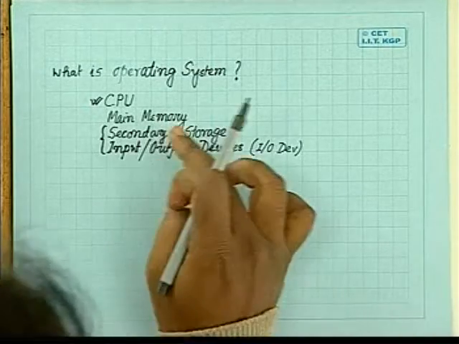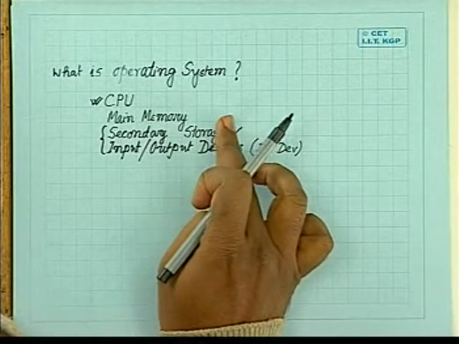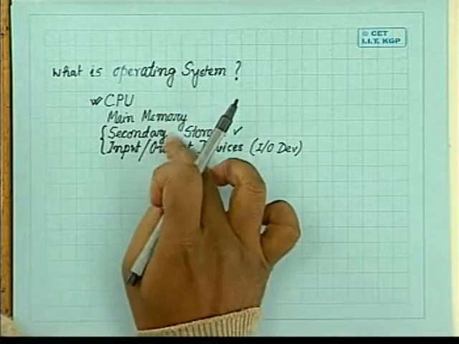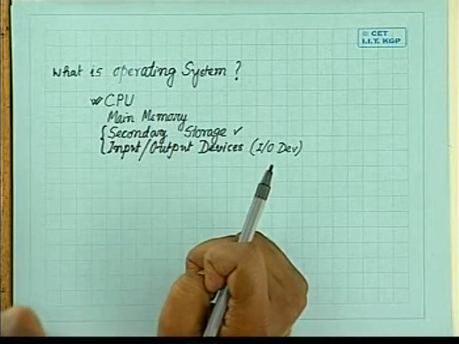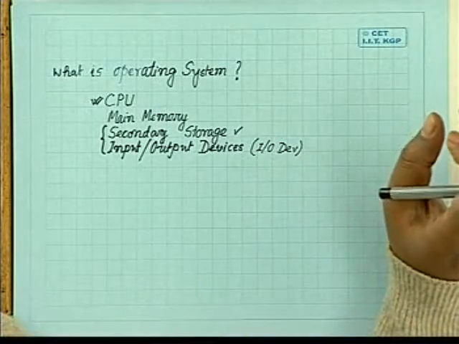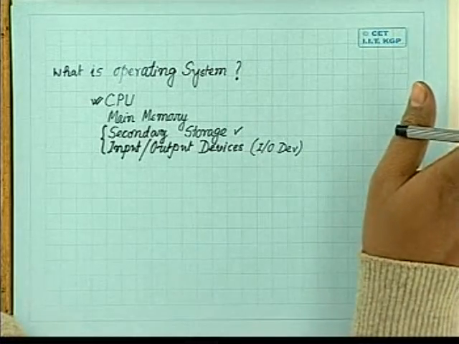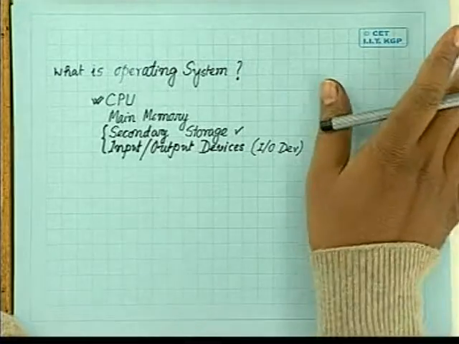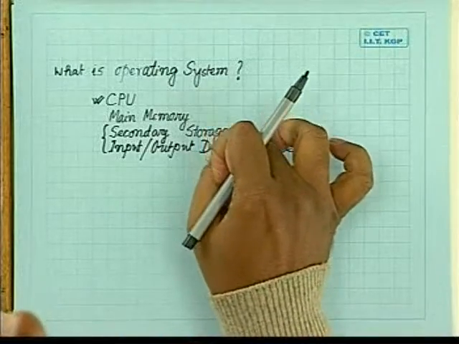So the responsibility of the operating system will be to manage all these resources in an efficient manner so that more than one user, or in computer terminology, more than one client, can make use of these resources simultaneously to get their work done in as efficient a manner as possible. So the major responsibility of the operating system will be to manage these resources.